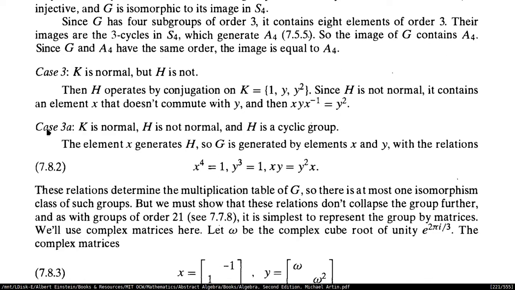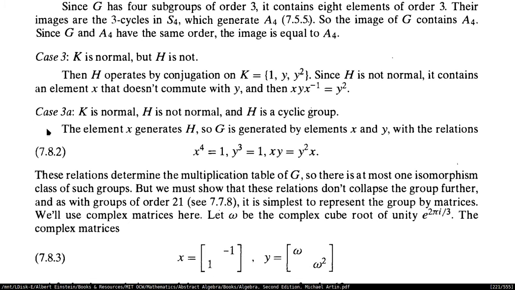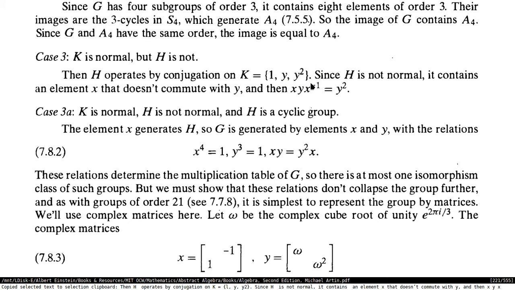So now let's see what happens if K is normal and H is not. Right, if K is normal, then K is going to contain these things because of the conjugates.